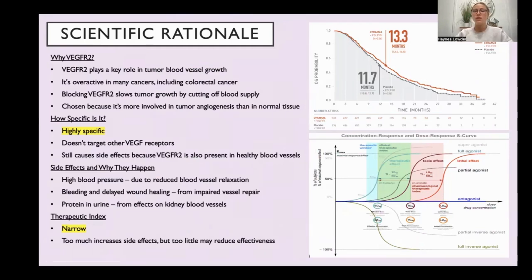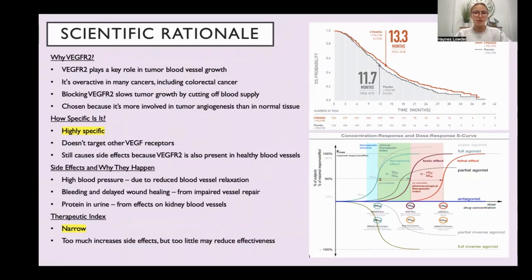VEGFR2 was chosen as its target because it plays a key role in tumor angiogenesis, but is less active in normal tissues. The rationale for targeting VEGFR2 is grounded in its critical role in pathological blood vessel growth, which supports tumor survival.